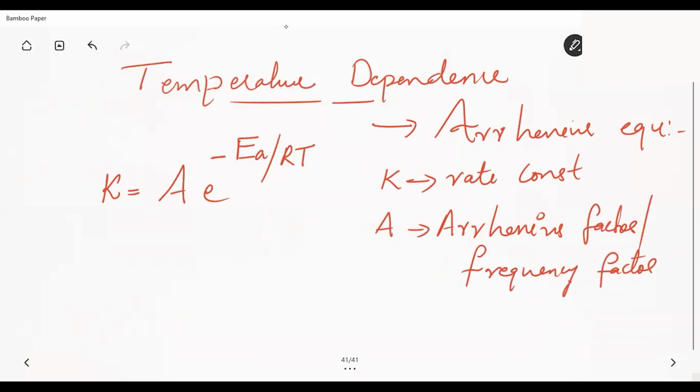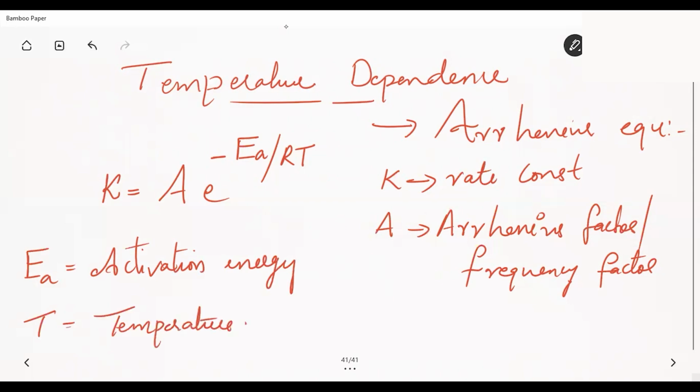And what is in the exponential? What is Ea? It is the activation energy. And what is T? T is the temperature.